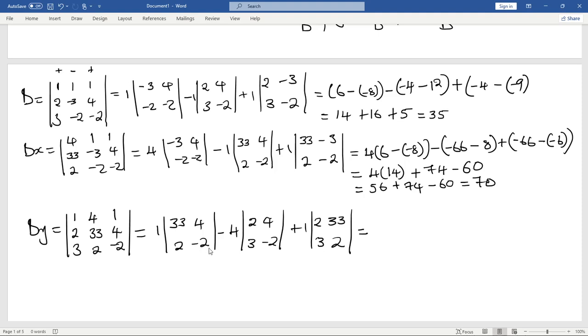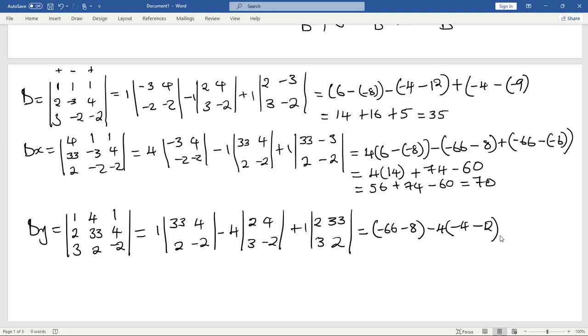So now 33 by negative 2, we get negative 66, minus 8 here, and then for this one here, negative 2, so we have a minus 4 outside the brackets there. So 2 times negative 2, we get negative 4, minus 3 times 4, we get a 12 here.